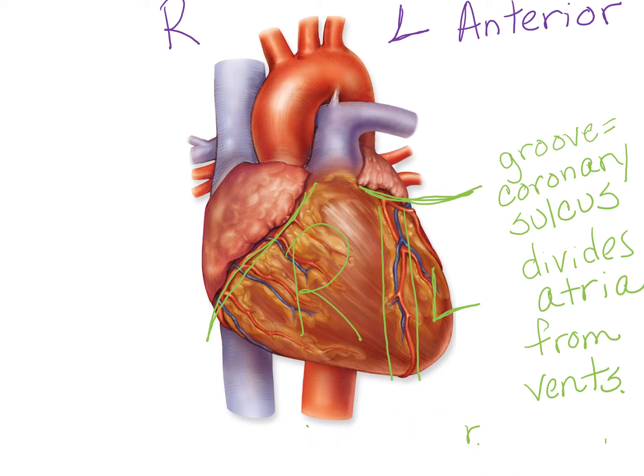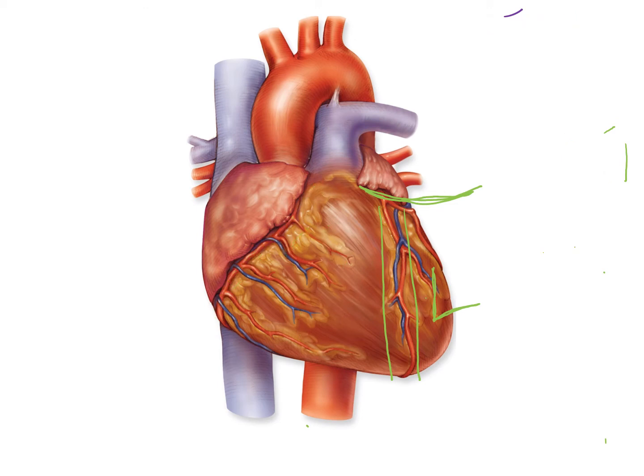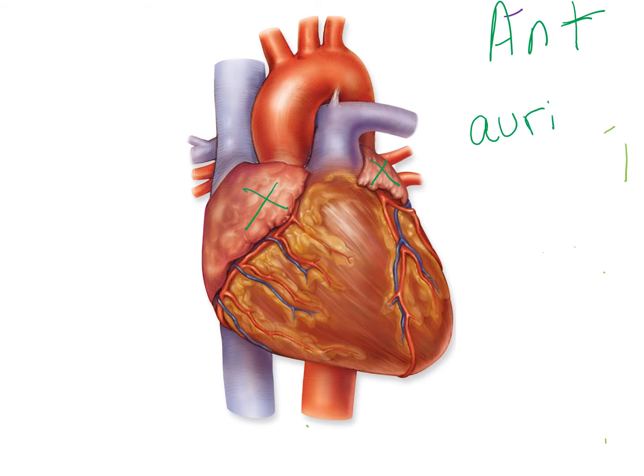Let's clear this off and we'll talk a little bit more about the chambers. This is an anterior view again. So my chambers, atria on top, ventricles on bottom. What we end up seeing from an anterior view with the atria are these little things called auricles.